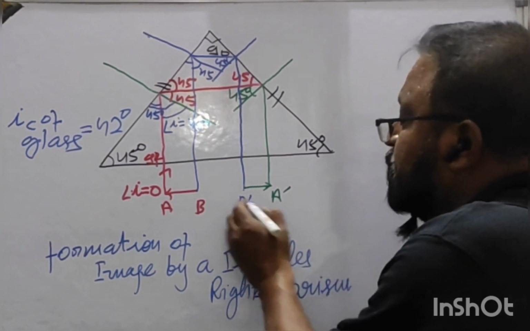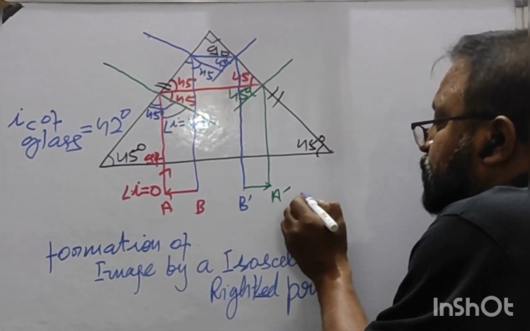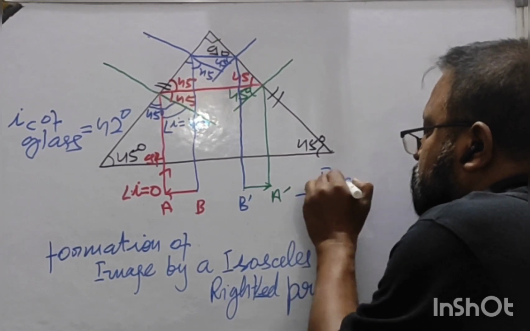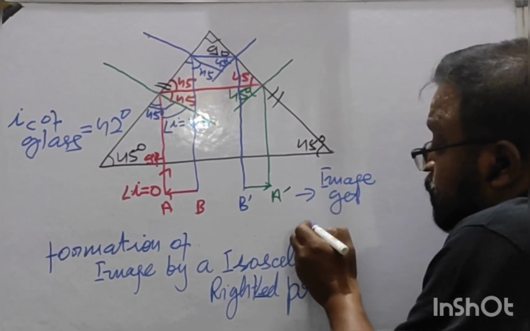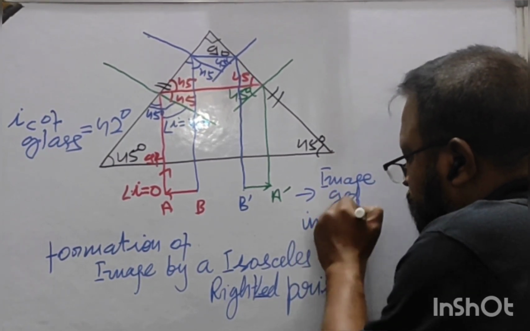So it gets inverted. This is AB, now it turns to B. So the image gets inverted. I hope you understand.